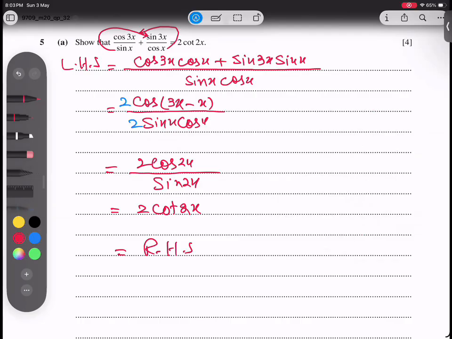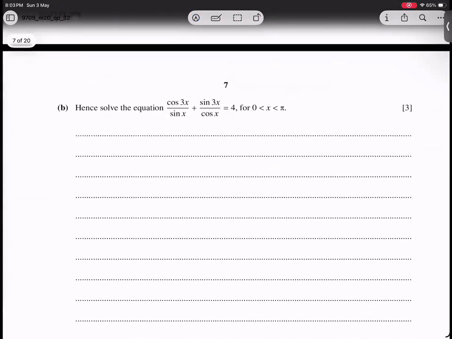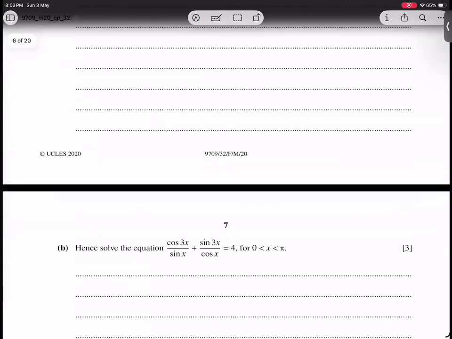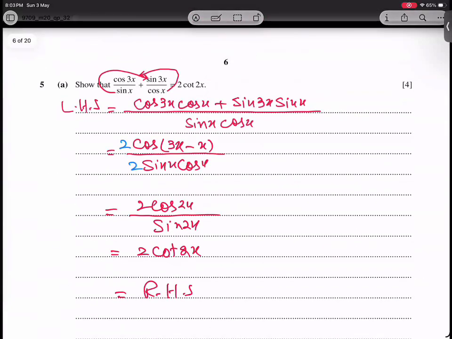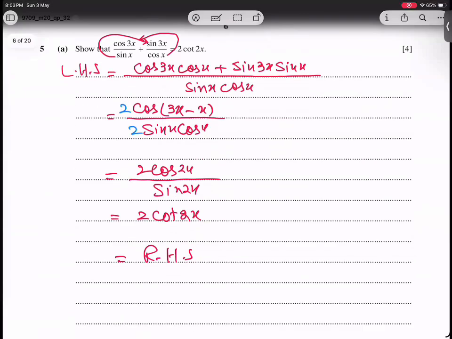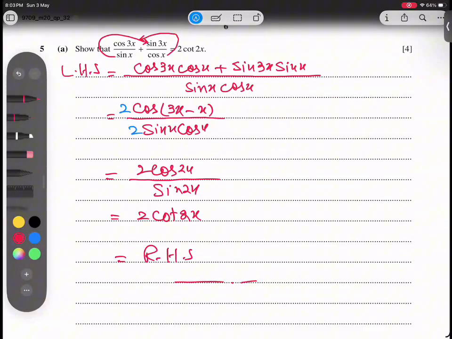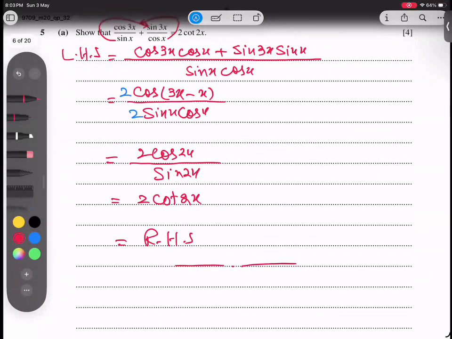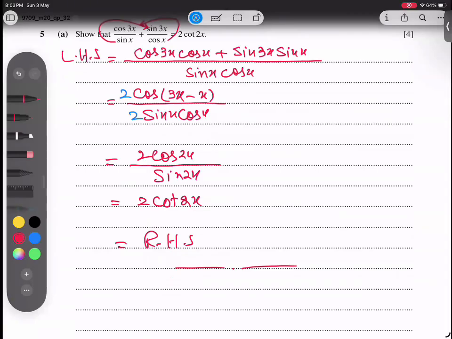I hope the point is very clear. The next part is connected with that. So what I'm going to do is copy the top equation. The top equation means cos triple x over sin x plus sin triple x over cos x equal to 2 cot double x.